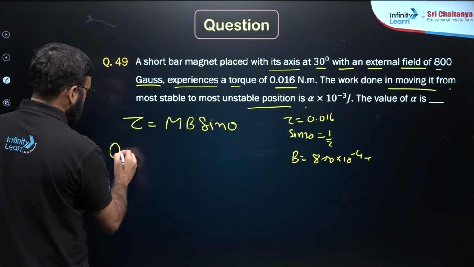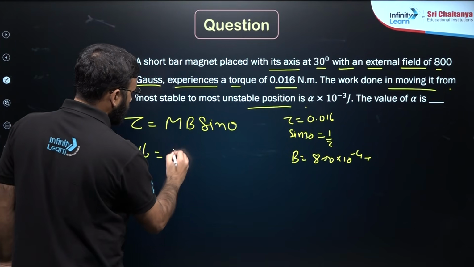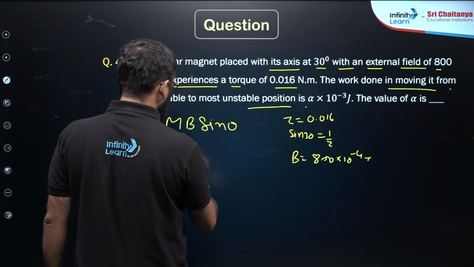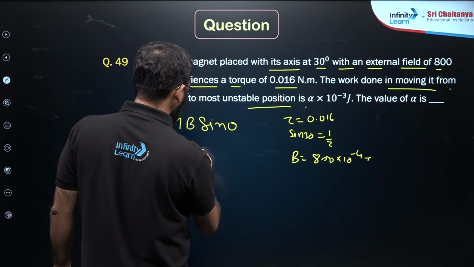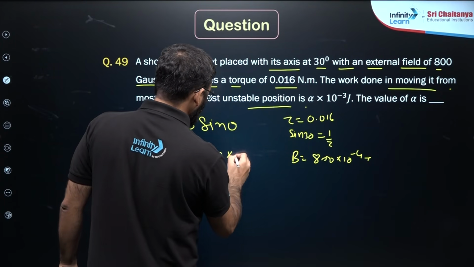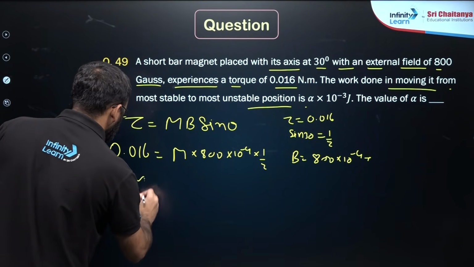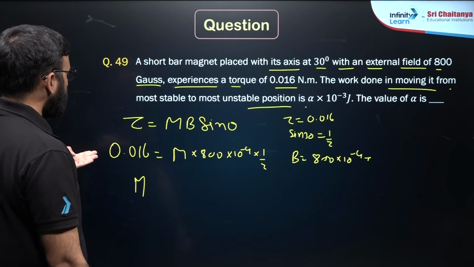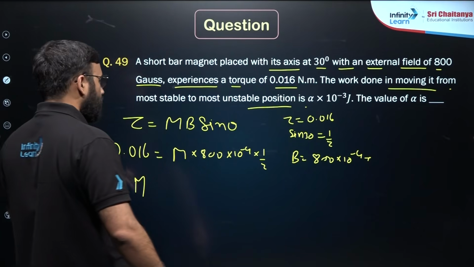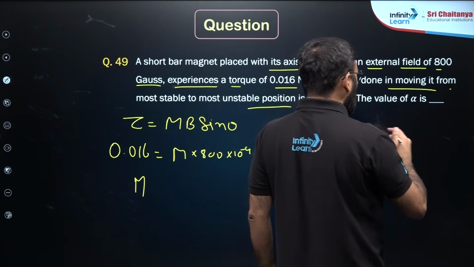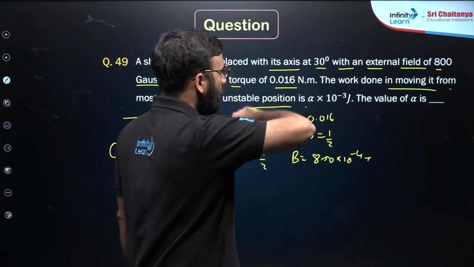So 0.016 equals to m, the magnetic dipole. And so you can get the m value here. Otherwise you can do one thing, you can get the m and B ratio here, because W equals the work done from stable to unstable, which means directly reversed.